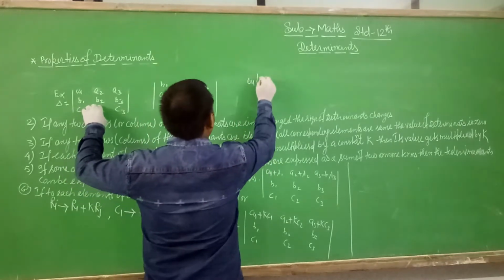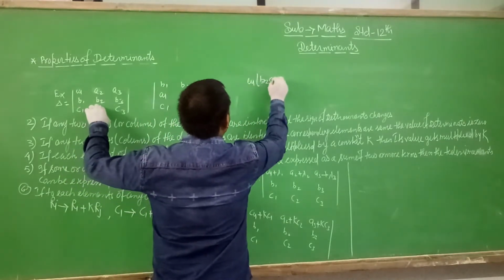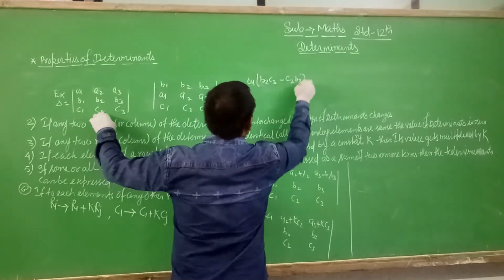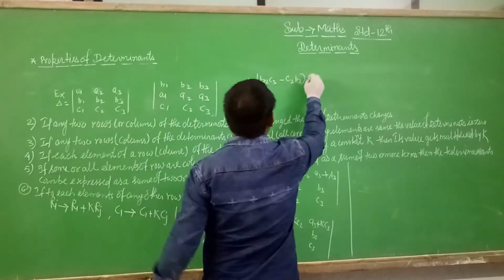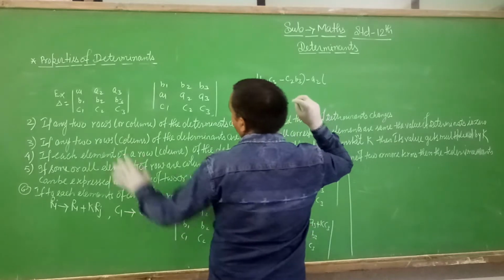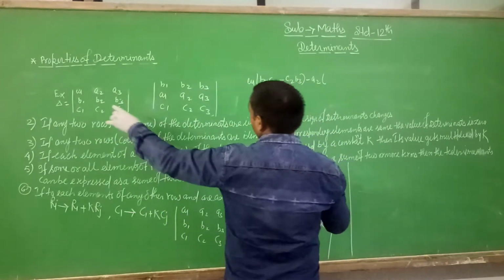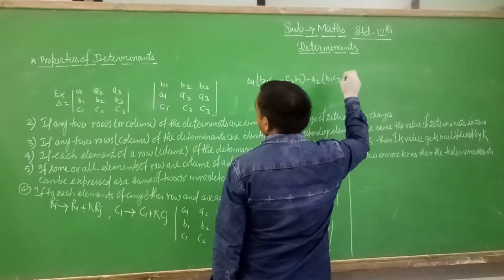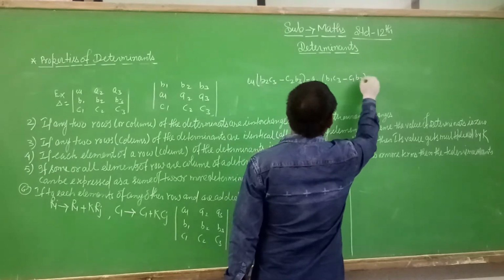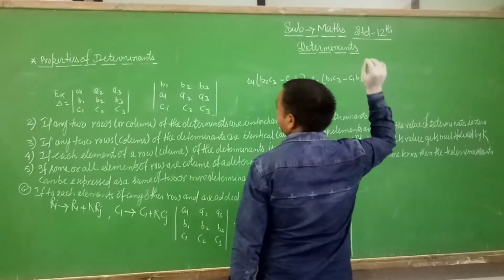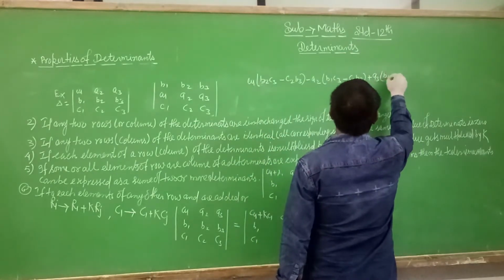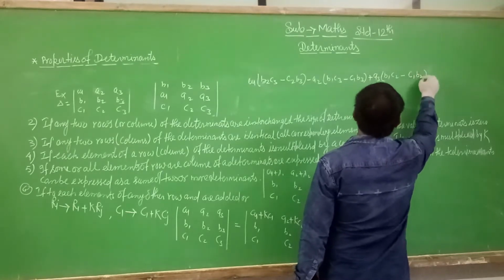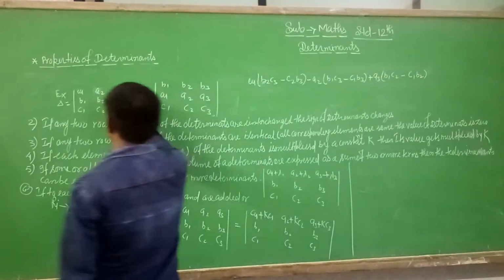A1 times B2 C3 minus C2 B3, then minus A2, then you put in the values: A2 times B1 C3 minus C1 B3, plus A3 times B1 C2 minus B2 C1, that is, C1 B2. This is the expansion of the first determinant.